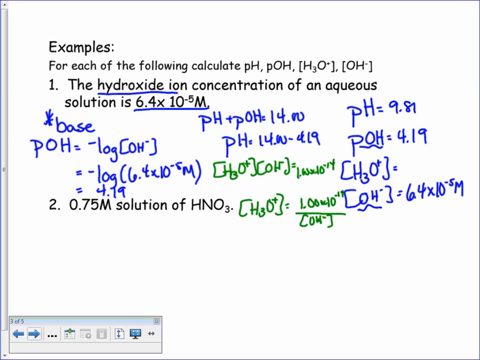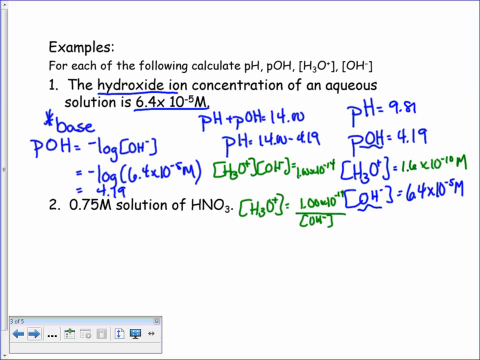I'm just going to put this in the calculator because I'm running out of space here. You should be doing this as we go along, double checking your work. And I'm getting a hydronium concentration of 1.6 times 10 to the negative 10 molar.